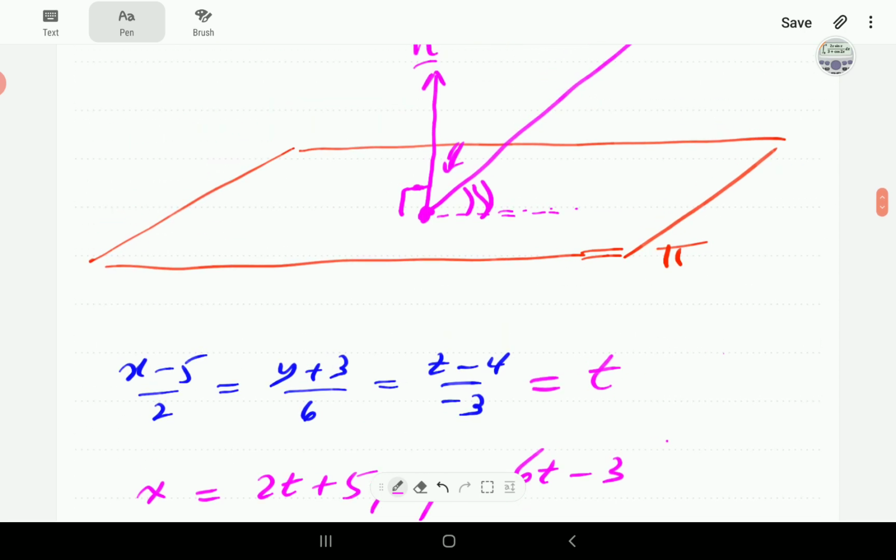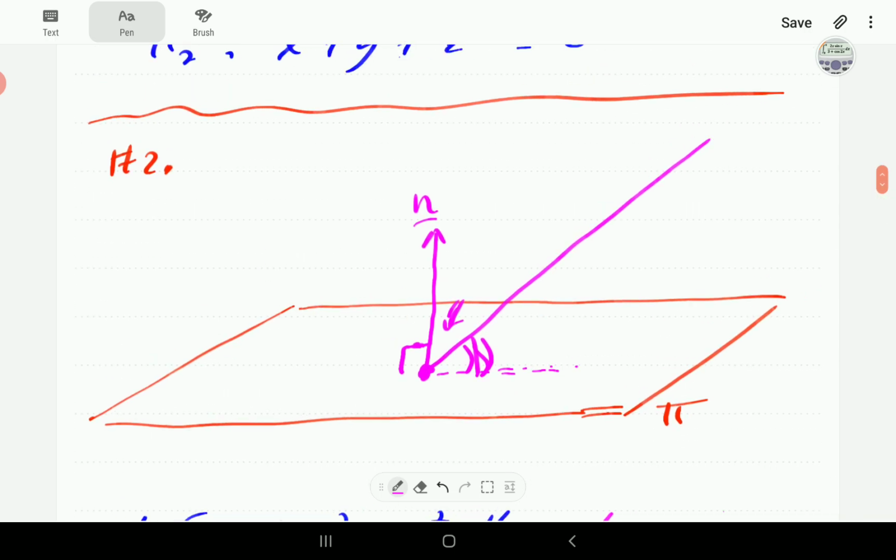Now we need to find the angle of intersection, this one here. We need the direction vector of the straight line, which we can find from the parametric form.